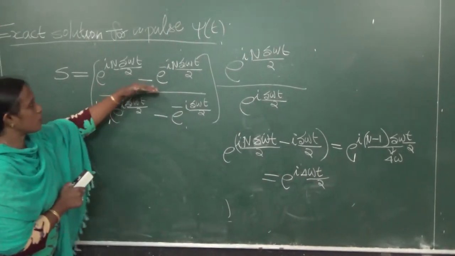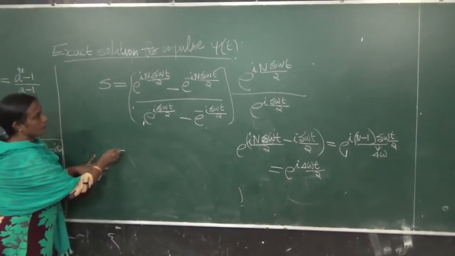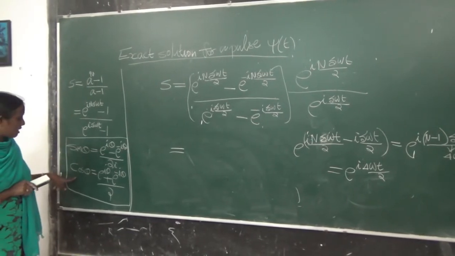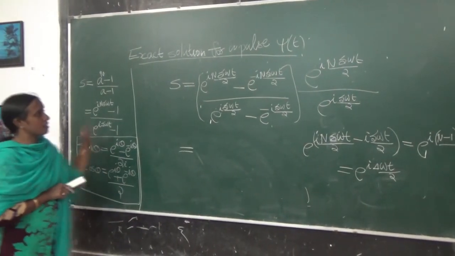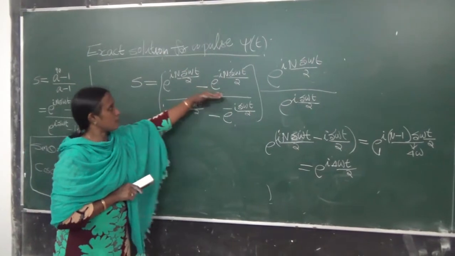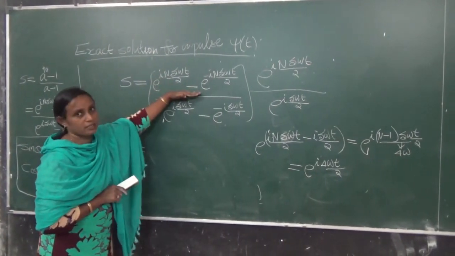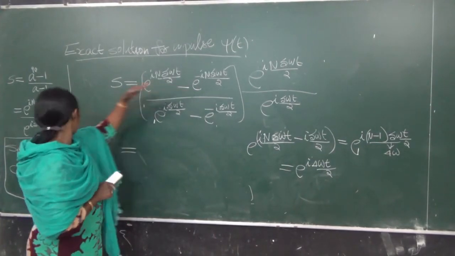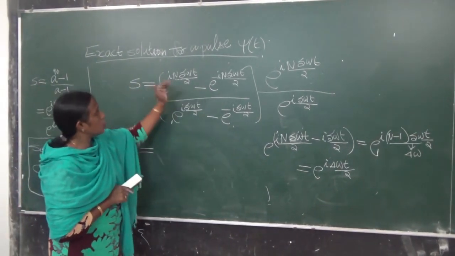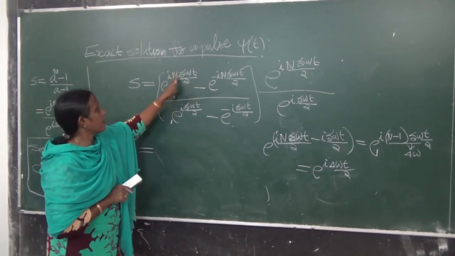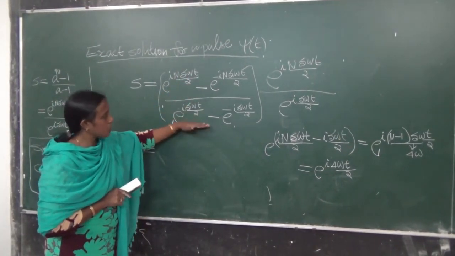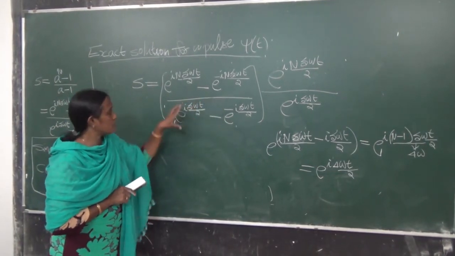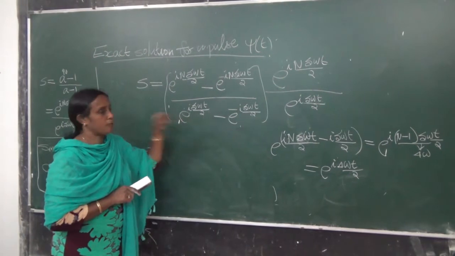Now what about this term? Already we defined our expressions for sin theta and cos theta. Comparing with this, you can see that the denominator represents 2 times sin n delta omega t by 2. This part represents 2 times sin delta omega t by 2.